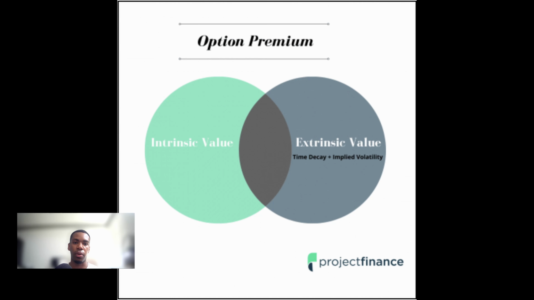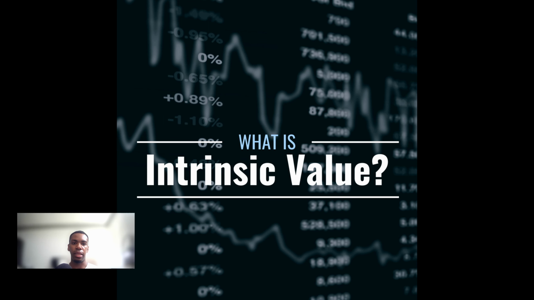And then we also talked about the pricing or valuation of option contracts, right? The formula for the option contract is the extrinsic value plus the intrinsic value, right? That is the option contract's price, right? And so let's break that down. So the intrinsic value of an option is the amount by which the market price is higher than the strike price for a call option contract, or lower than the strike price on a put option contract.